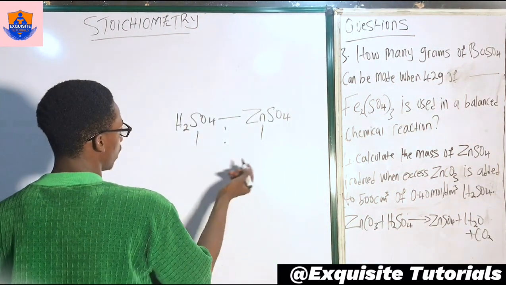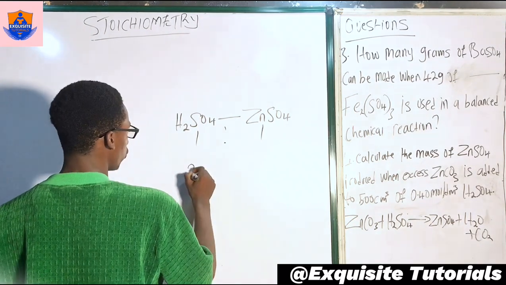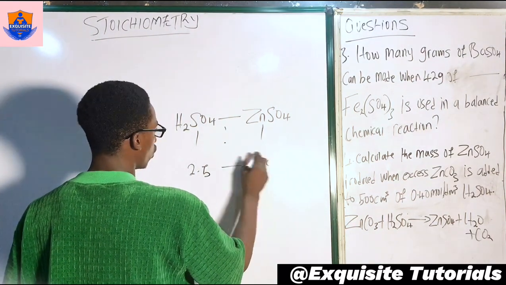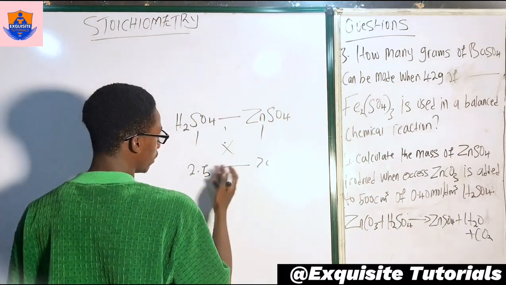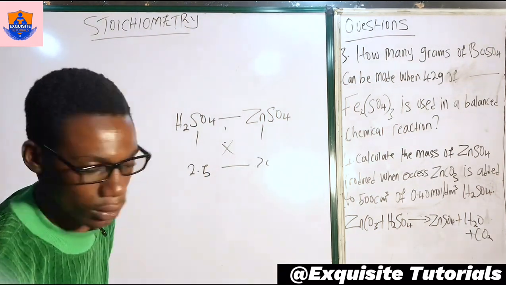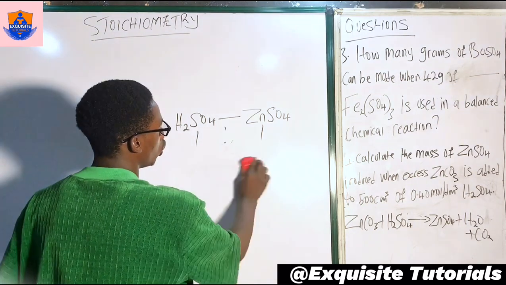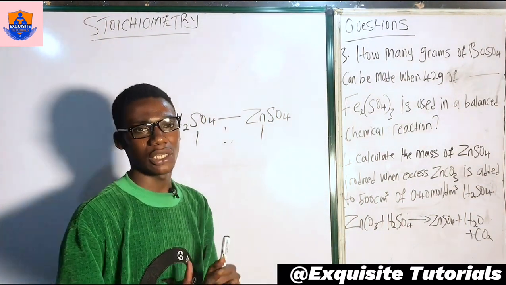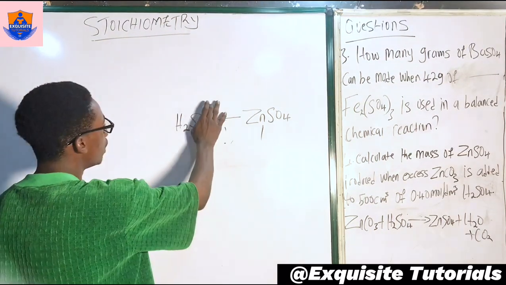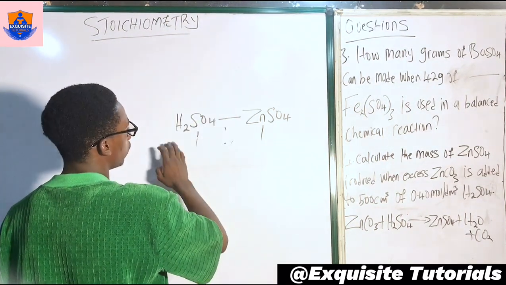Let's assume the mole given was 2.5, then it gave us X. So we are using the mole. So we multiply, and we got the value to be this. Now this part, we have to find the mass. So when solving a question that requires mass, we have to find the relative molecular mass of the compound.